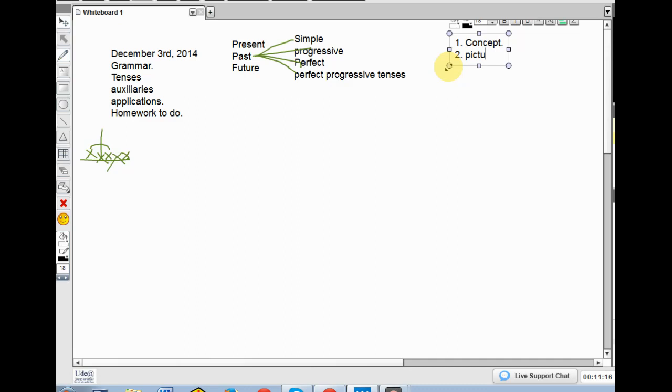How can you represent it as I did it? Number three, you are going to write an example. And number four, you are going to write the auxiliary.